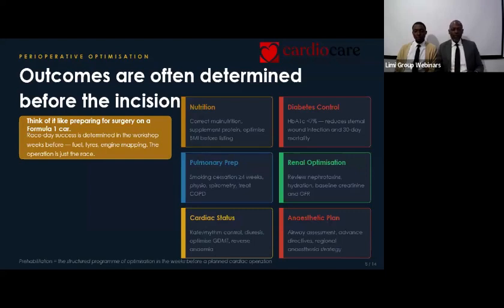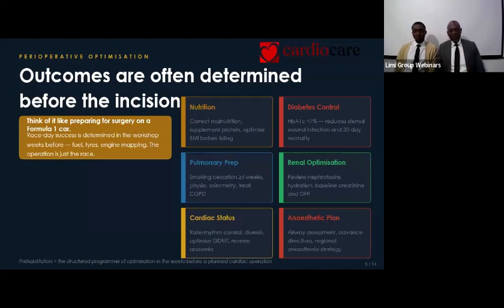Any drugs that you know will cause problems even after surgery, you need to stop them. Hydrate the patient as much as possible. Make sure that the kidneys are functioning properly. Sometimes you may have to postpone surgery if you think that, maybe because of the contrast that the patient received, kidneys are not working properly. Allow the kidneys to recover before we go for surgery.